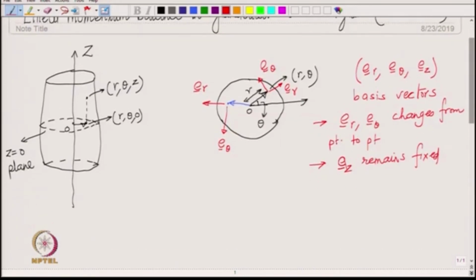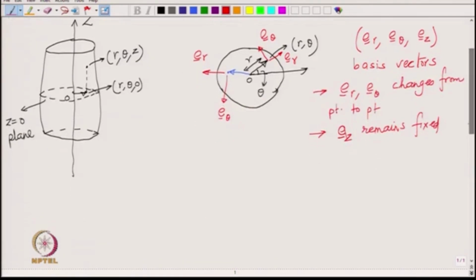Also, you have to see that E r and E theta only change when the theta coordinate changes. If you only change the radial coordinate, then E r and E theta do not change. For example, let me draw again this circle, or the projected plane, the z equal to 0 plane.